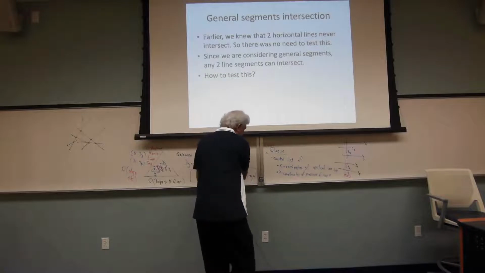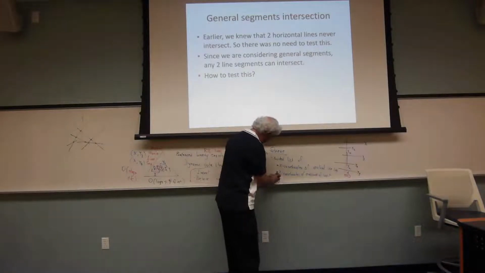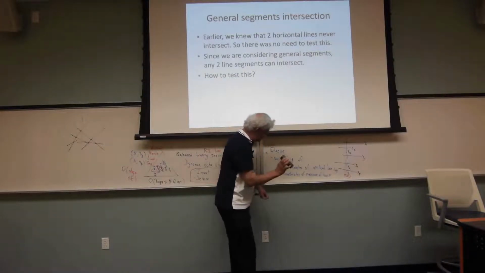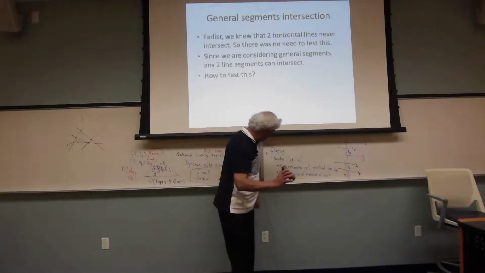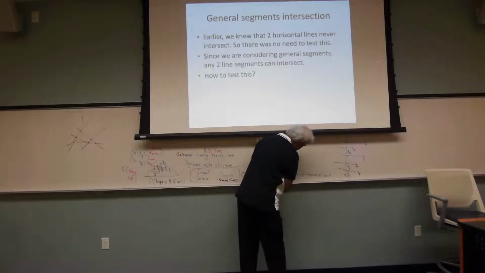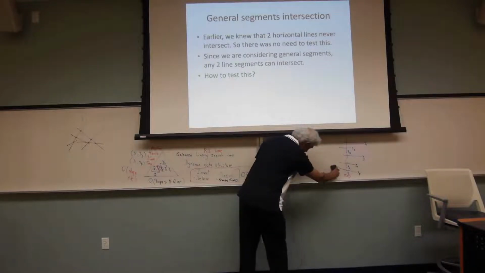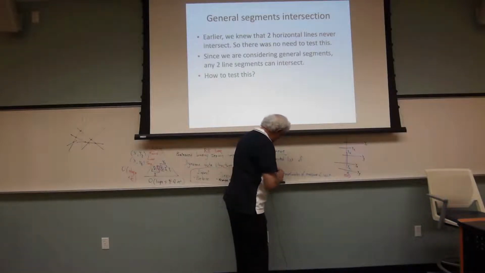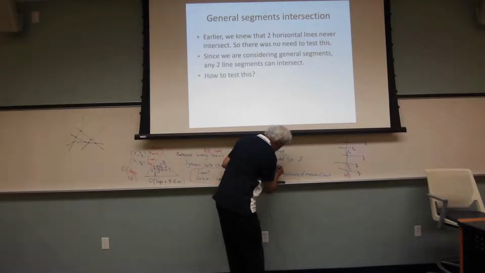So let's change some things here. We're not going to have x coordinates of vertical line segments. We're not going to have x coordinates of horizontal line segments. Instead, we're going to just call it left endpoint and right endpoint.